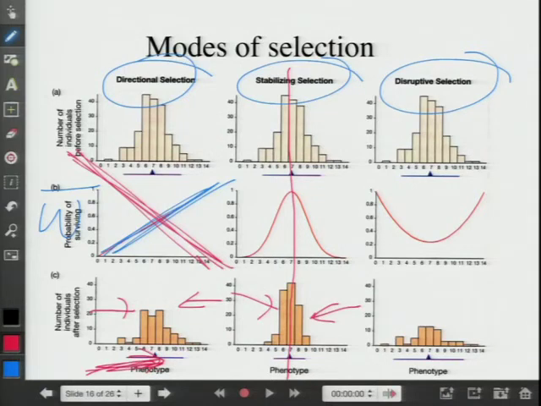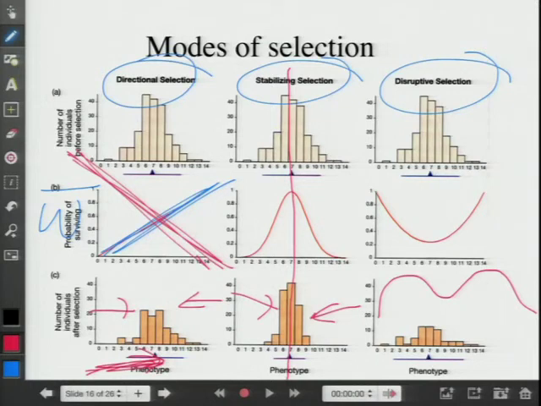Disruptive selection means that individuals of the two extremes are favored, and it's worst to be in the middle. So this ultimately favors some kind of bimodal distribution. This is the kind of thing that we associate with speciation, right? Divergent selection, to be either this or that, but not in the middle.